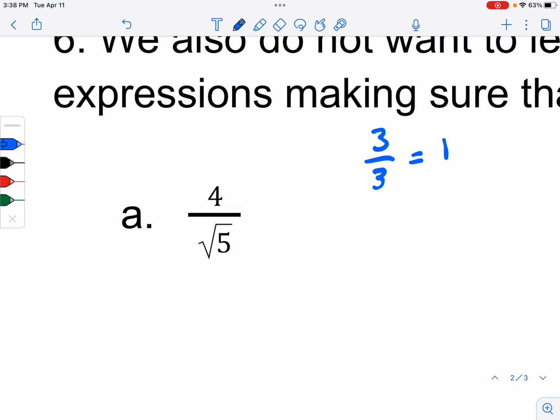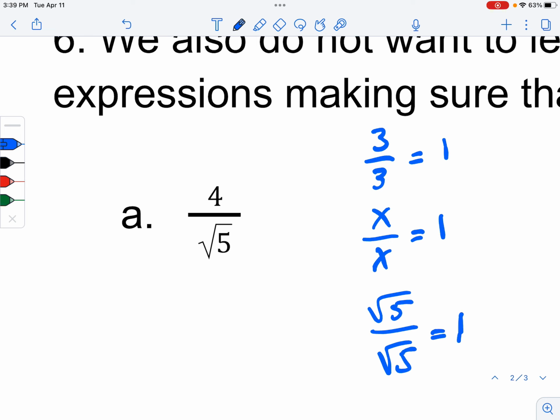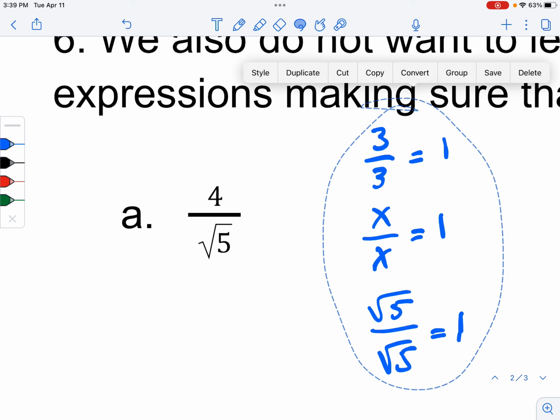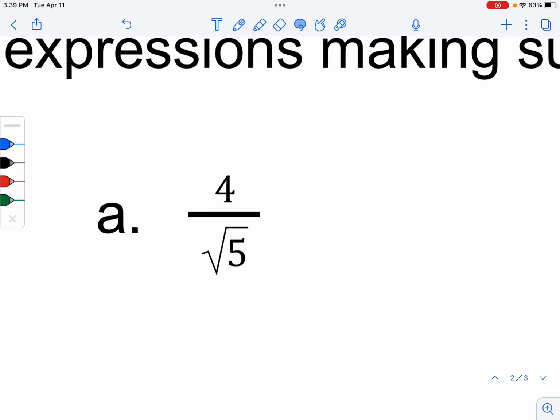What about if we just have variables, though? What if I have x over x? I don't know what x is, but it doesn't matter. What is that? That's still just 1, right? Anything divided by itself is just 1. Similarly, if I have the square root of 5 over the square root of 5, that's still just 1. And this is the idea that we're going to use in order to simplify and get that radical out of the denominator.